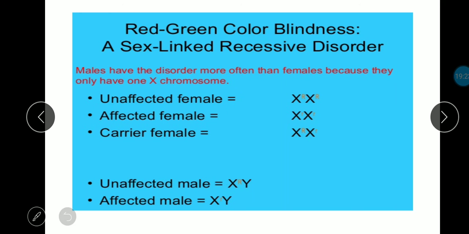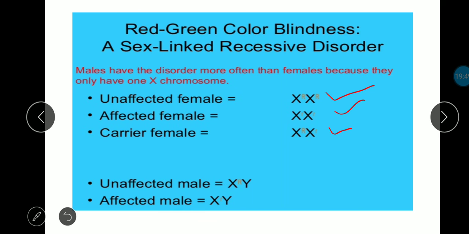An unaffected female has a genotype of 2X with capital R, meaning the dominant gene is there. An affected female has both X with small r, and a carrier female is heterozygous.